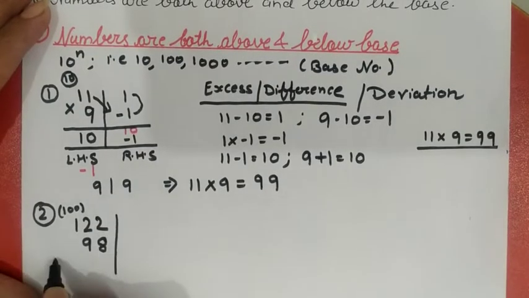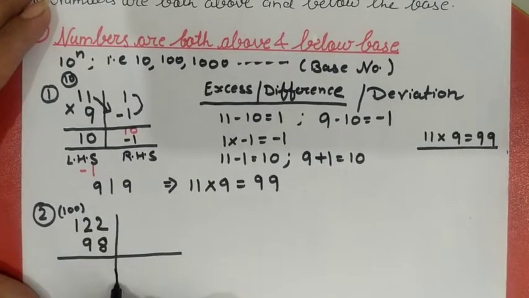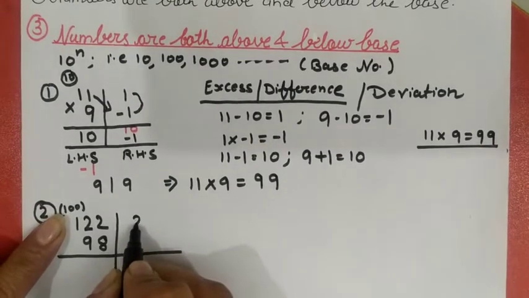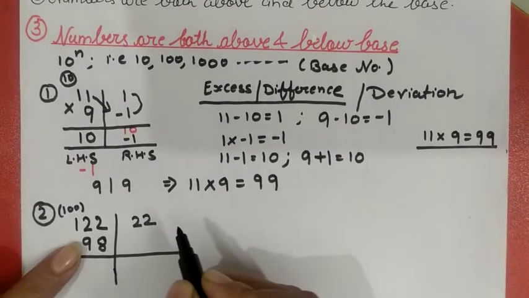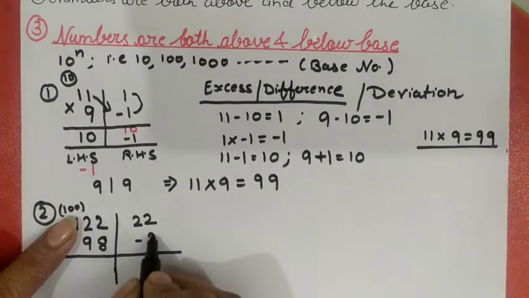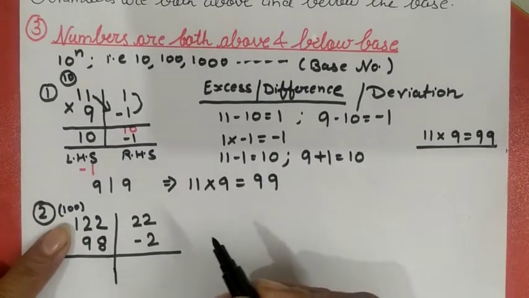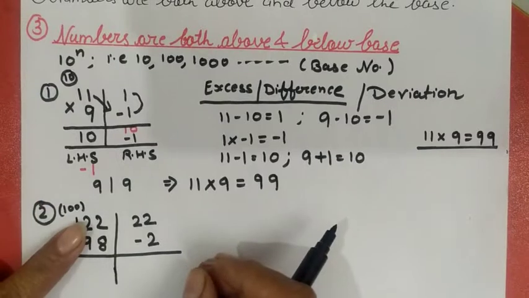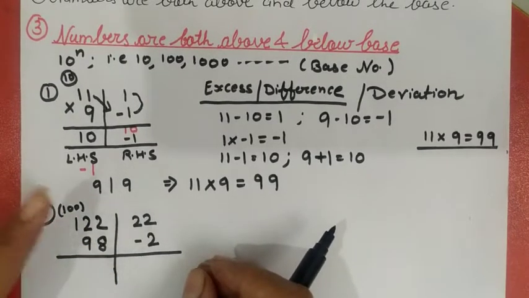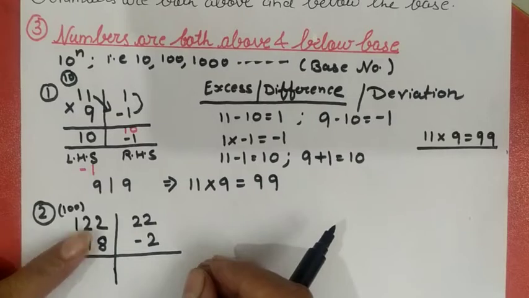The deviation of number 122 from base 100 is 22. The deviation of number 98 from base 100 is minus 2. Number 122 is above the base, and number 98 is below the base. So we get both types of numbers here.